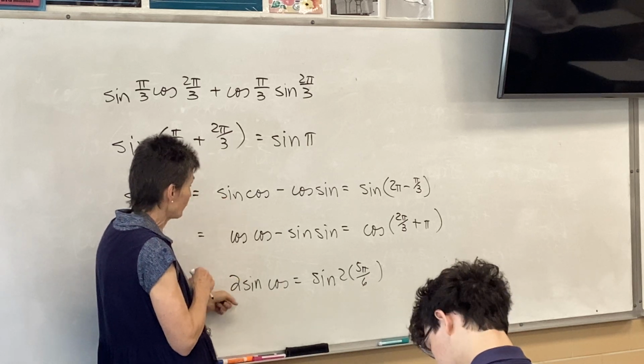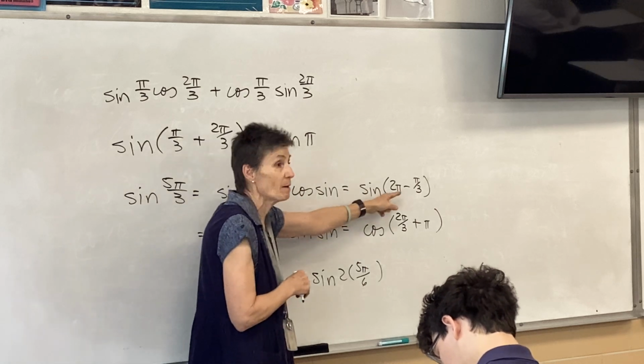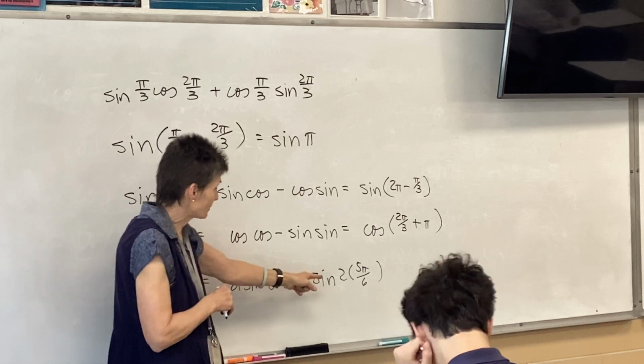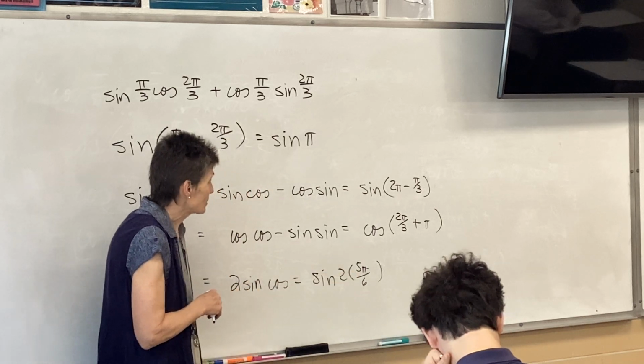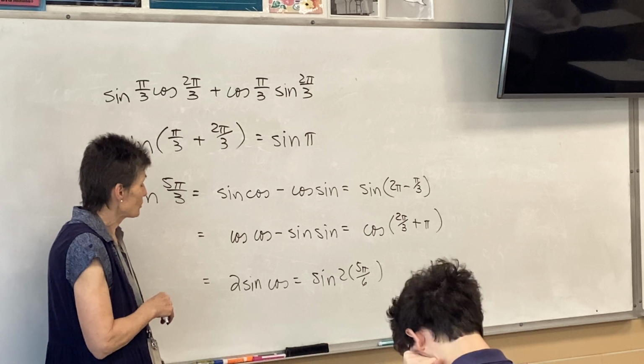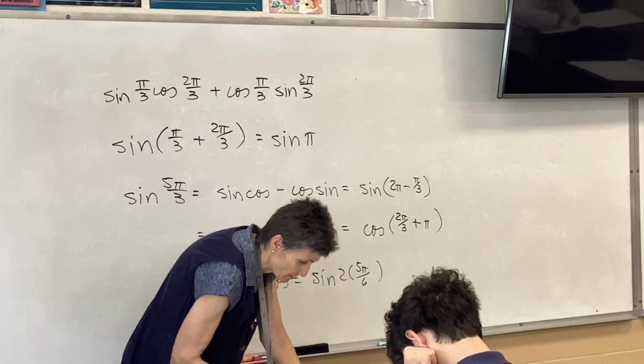Number 1 and number 3 were true. This is your sine alpha minus beta, and this is your doubling, sine 2 beta. So those work. So B is your false one. Statement 2 is false.